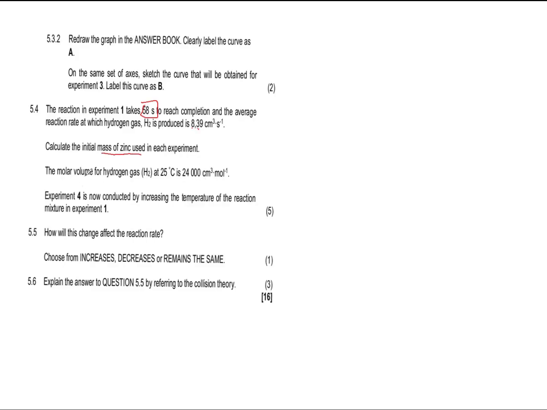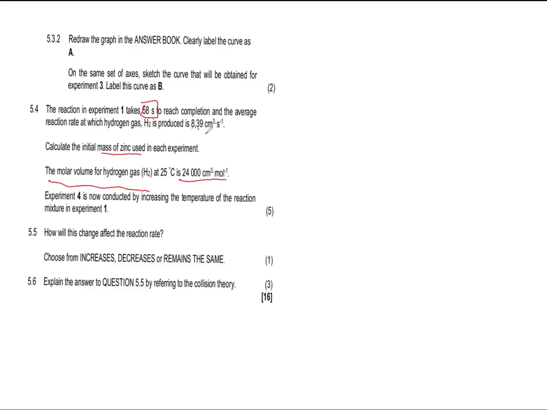In each experiment, the molar volume of hydrogen gas at 25 degrees Celsius is 24,000 cm³ per mole. Okay, let's see now. Calculate the initial mass of zinc.